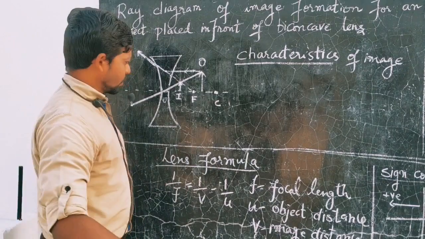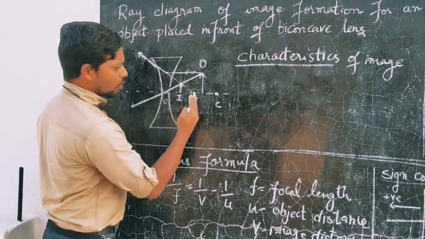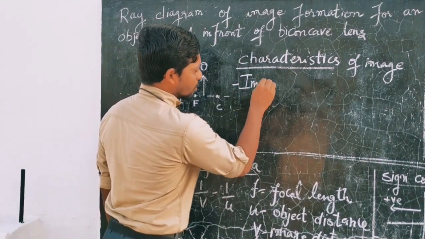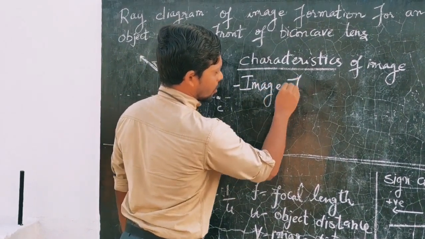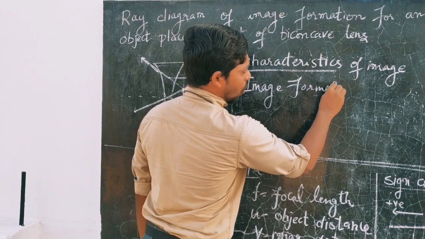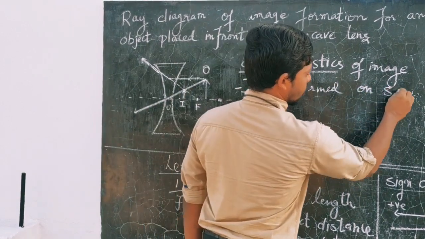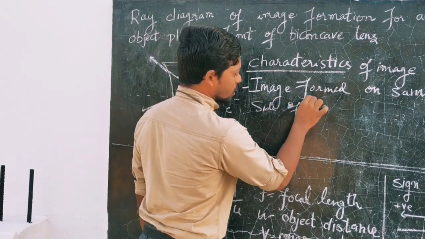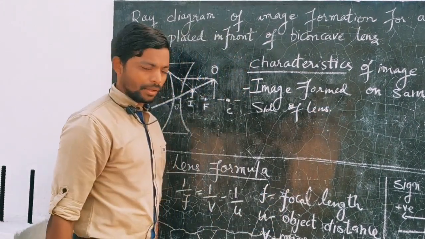Let's talk about position first. It is on the same side of the lens. The image is formed on the same side of the lens.